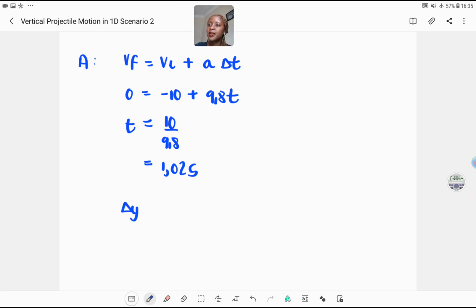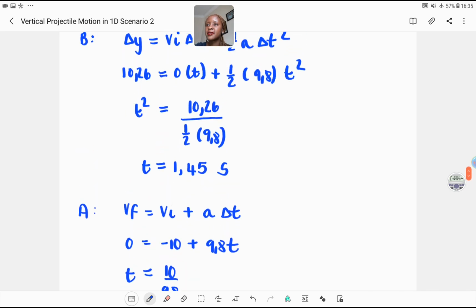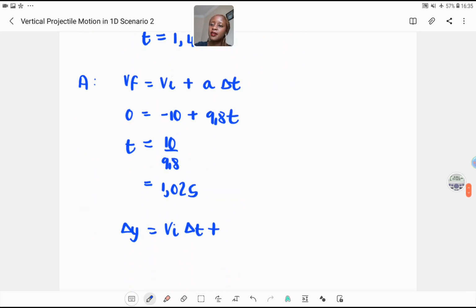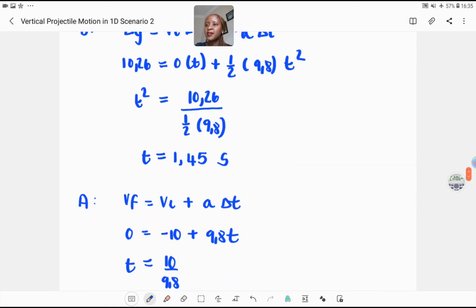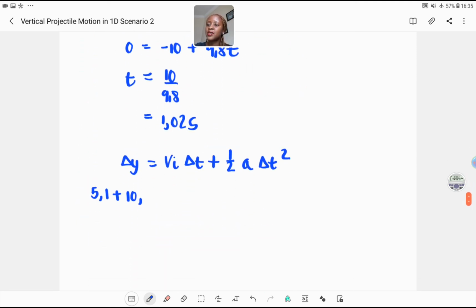Delta y is equal to the initial velocity times time plus half the acceleration times time squared. So my y there was going to be 5.1 plus the 10.26, right? Yes, 10.26.